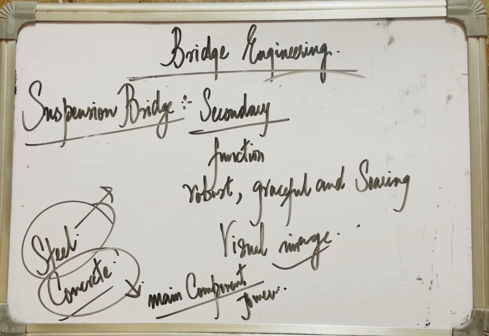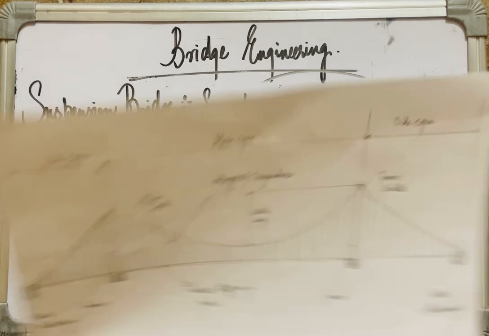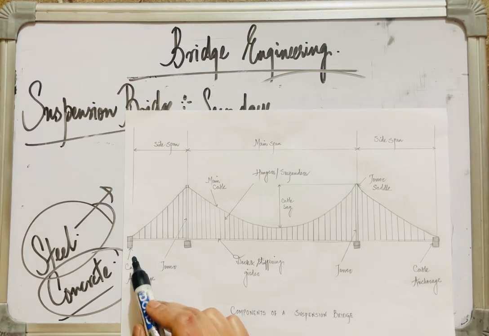All right, and these anchorages which anchor down the main cable to the ground below, what are these? These are massive concrete structures which resist the tension of the main cables and then transfer them to the ground below.